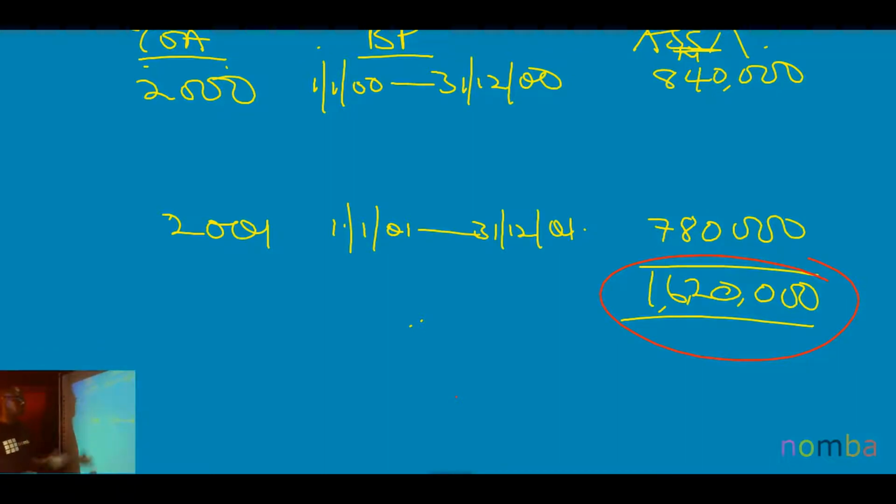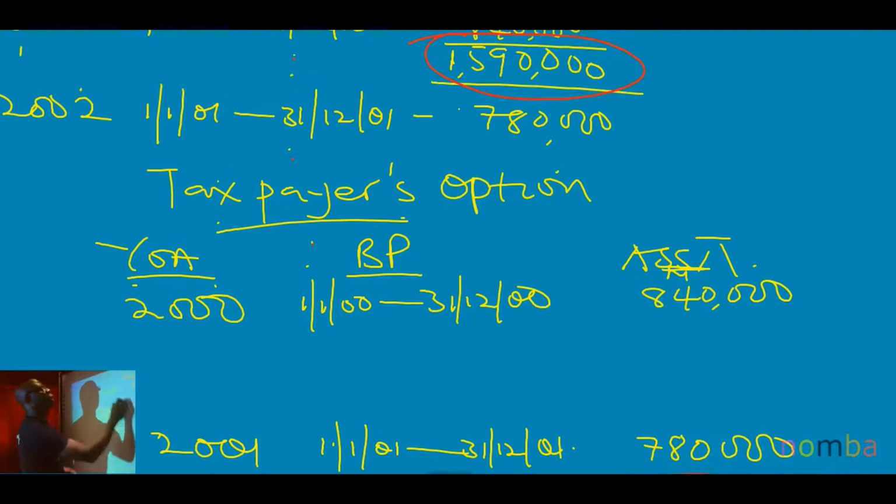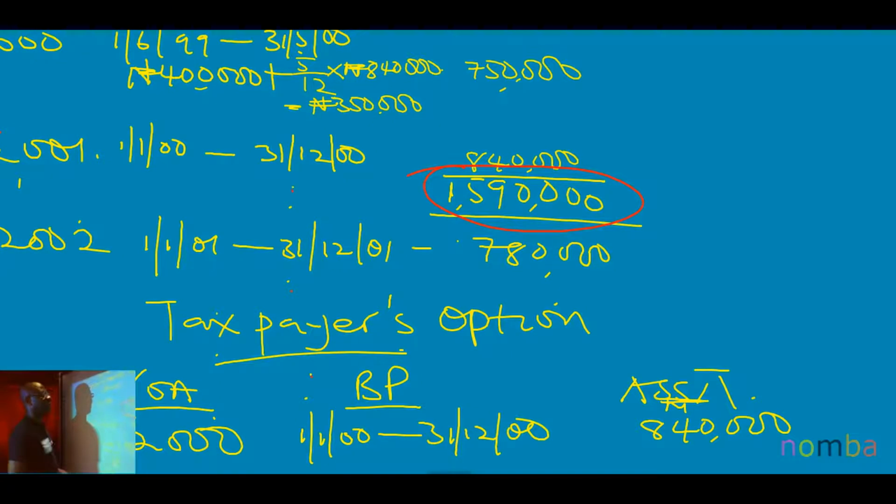You conclude by saying, of course, it's part of your solution, part of your working, that based on this computation, Harold James Limited will not opt for his right because assessment on AYB, that is this one, of 1,620,000, you must state it, is higher than assessment on PYB of 1,590,000.